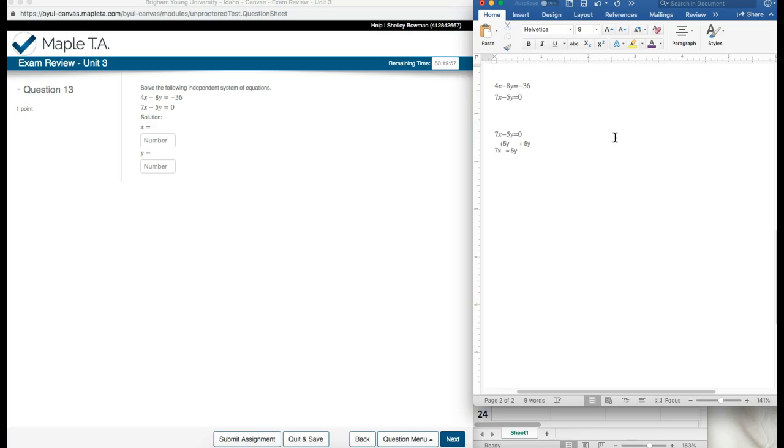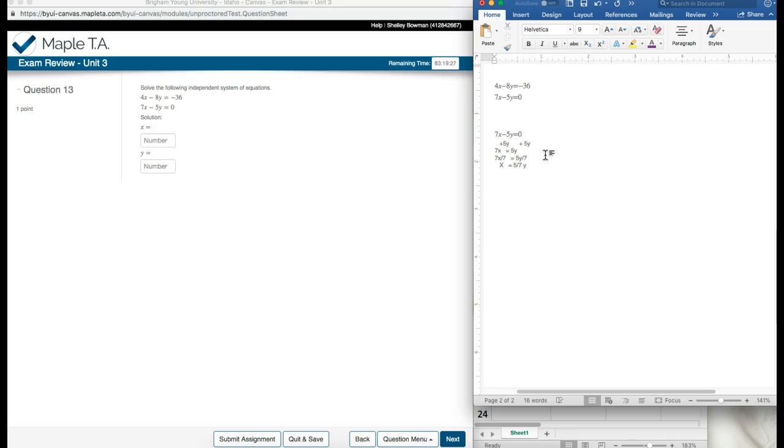And then to continue solving for x, I need to divide both sides by 7, so x is all by itself. Divide by 7 and divide by 7. So on the left-hand side, 7 divided by 7 is 1, so that leaves me with x, and that means x equals 5 over 7y.